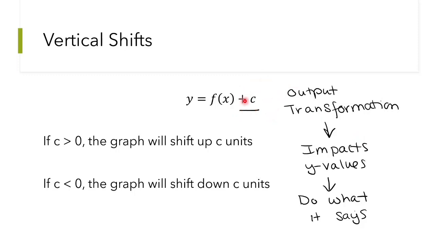It's happening outside of the function. It's going to impact the y values, and we're going to do exactly what it says. If c is positive, we're going to move the graph up c units. If c is negative, if we're subtracting our constant, we're actually going to move our graph down c units.